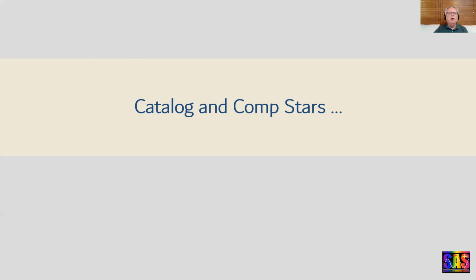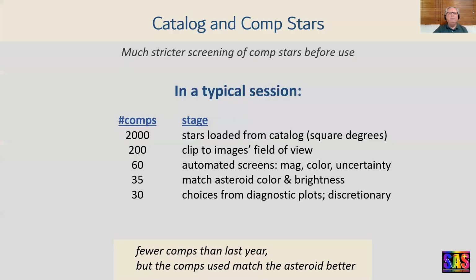I have gone to much stricter screening of my comp stars. Last year at SAS, I told you that I was using up to 200 comp stars per image. I don't do that anymore. I find it's better to more strictly screen them and then use a much stricter set of quality screened comp stars and comp stars that much more closely match the magnitude and color of the asteroid target.